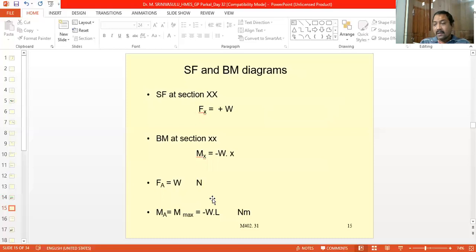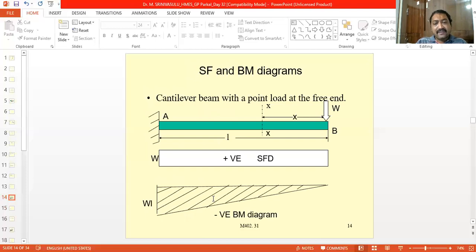So far we have discussed the sign conventions and also the steps to construct the shear force and bending moment diagrams, and we also constructed the shear force and bending moment diagrams for the cantilever beam. So this is about today's class, and today we are stopping at this point, and the remaining things we will discuss in the next class.